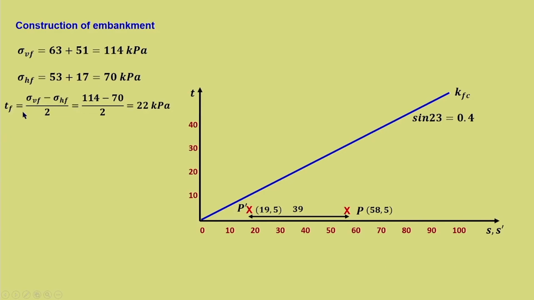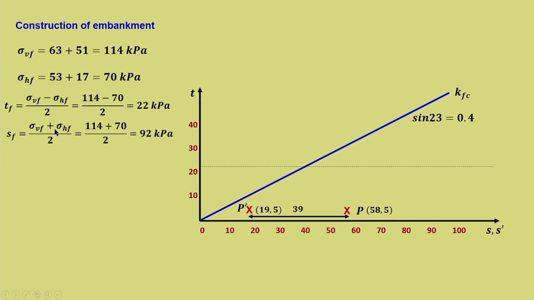Now, with this we can find out the final condition of total stress. Tf is equal to sigma Vf minus sigma Hf by 2, which is 114 minus 70 by 2, which is 22 kilopascal. So, here it is 22. I am drawing a dashed line here. What is Sf?